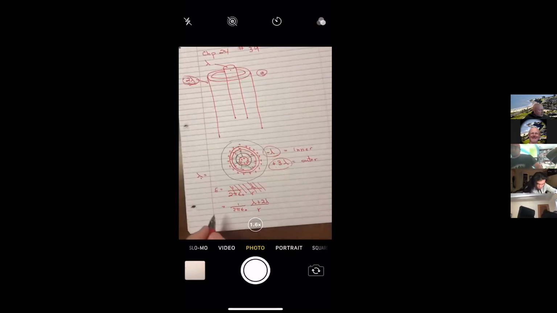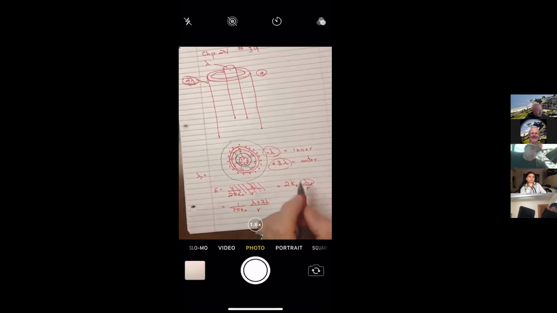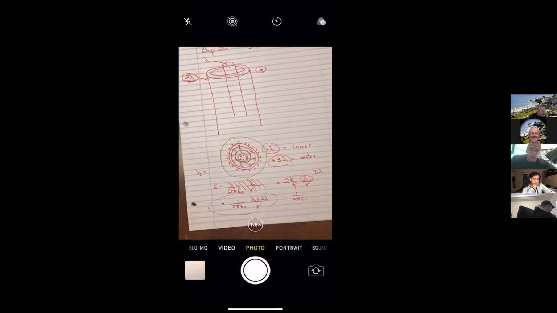I do see though that they got here by saying this could also be written as 2 times Coulomb's constant lambda over r. Then they replace this with the 3 lambda, and then they replace this with the 1 over 4 pi epsilon and got to here. So they started with a slightly different formula than what I must have derived.